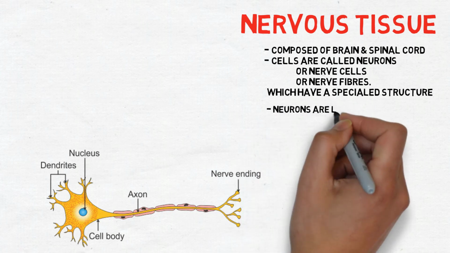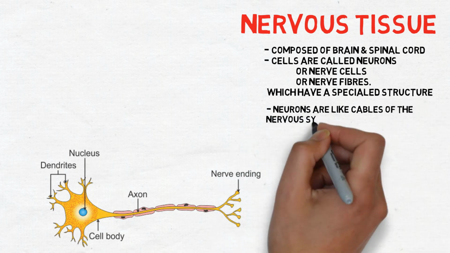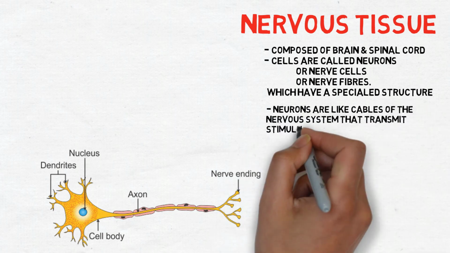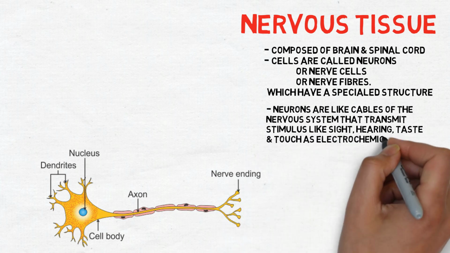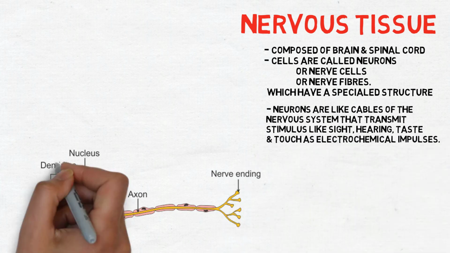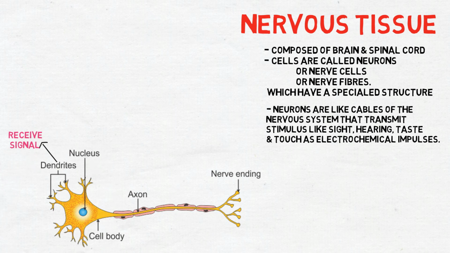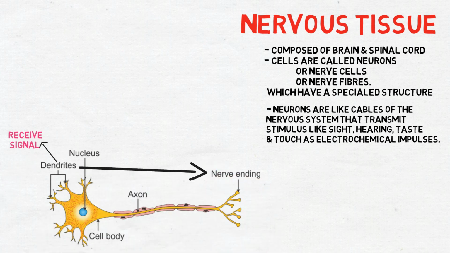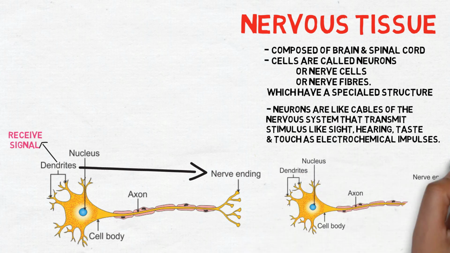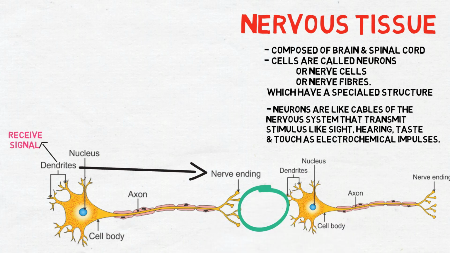Neurons are like the cables of the nervous system that transmit stimulus like sight, hearing, smell, taste, or touch as electrochemical impulses. Dendrites receive this signal, which travels through the axon to the axon terminal. From here, this impulse is transferred to another neuron through a small space between both of these neurons called synapse.